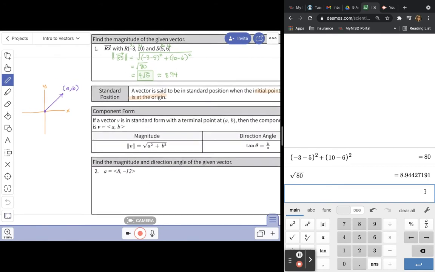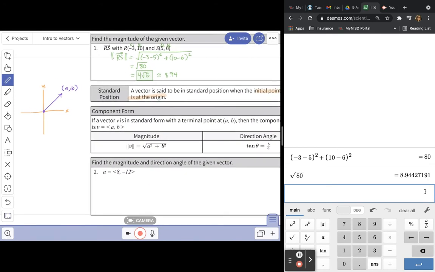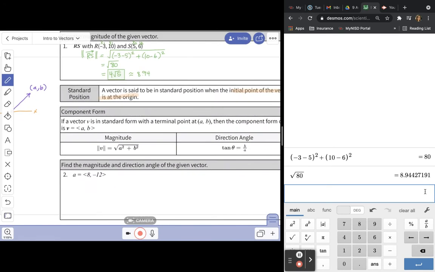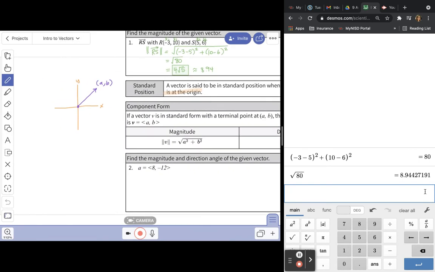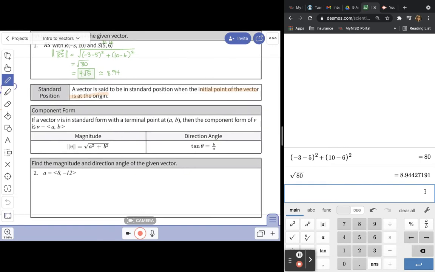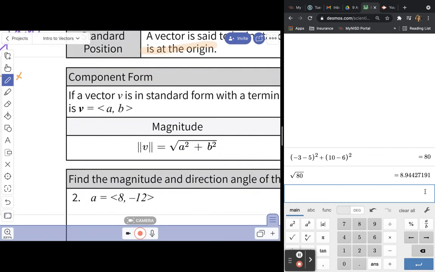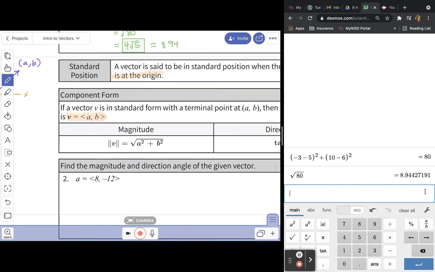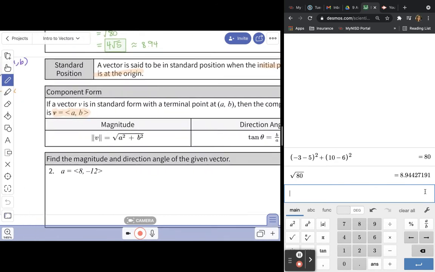Okay, so all vectors, we can write them in something called component form. As long as it's in standard position, which my vector right there is, the component form of V is just that right there. You have those pointy brackets, kind of looks like less than, greater than, but A comma B. So that's going to do some funny things to our formula.